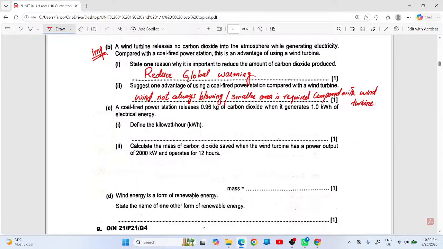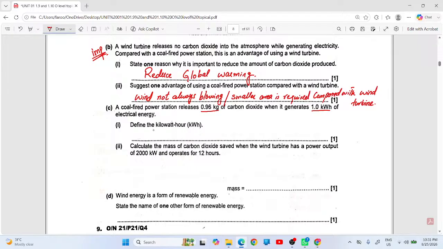Next is a coal fire power station releases this much carbon dioxide when it generates this much kilowatt hour of electrical energy. Define kilowatt hour. क्या होगा? How can you define the kilowatt hour? क्या होता है?